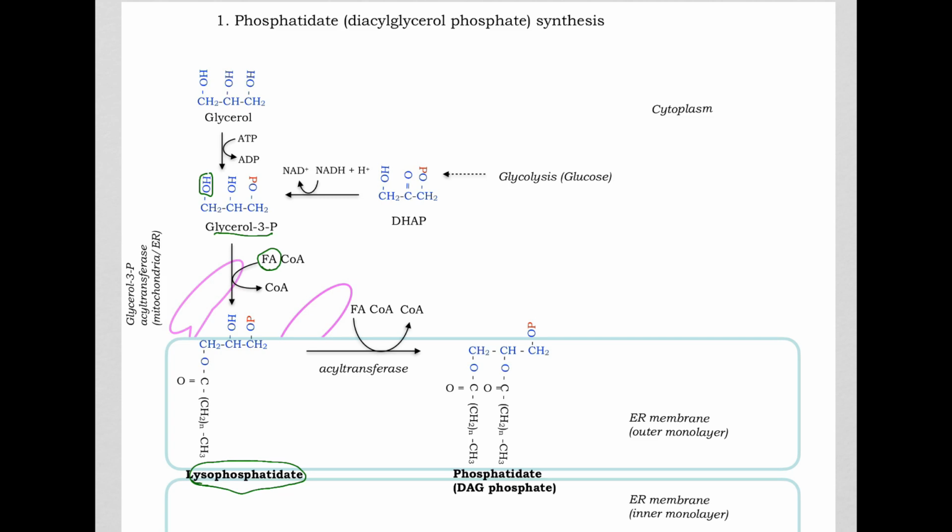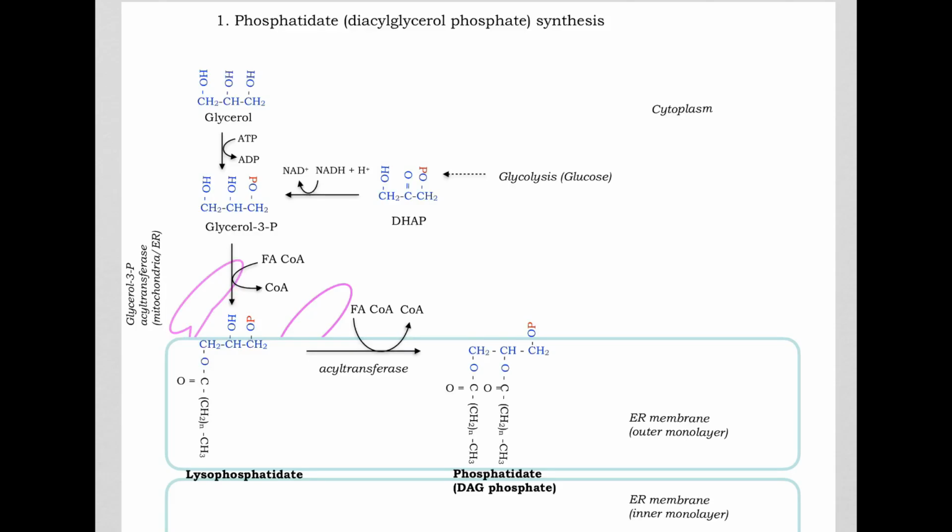So we see the fatty acid connected to the glycerol phosphate to form lysophosphatidate. This reaction is catalyzed by an enzyme, glycerol 3-phosphate acyltransferase, that is found in the mitochondria as well as in the ER.